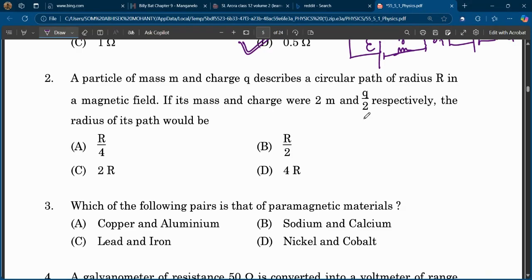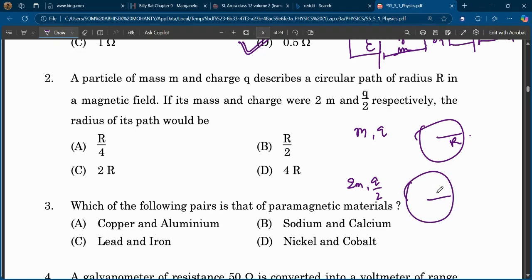Mass m, charge q, circular path of radius r. Now if its mass were 2m and charge q by 2, the radius of its path will be? Suppose the radius of the path is r, small r. First of all, the radius formula is what? mv by qB, right? We know mv by qB.